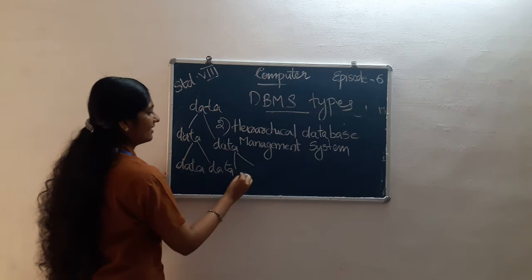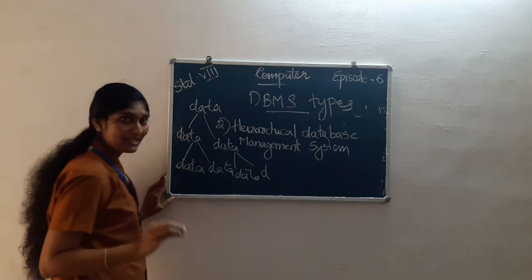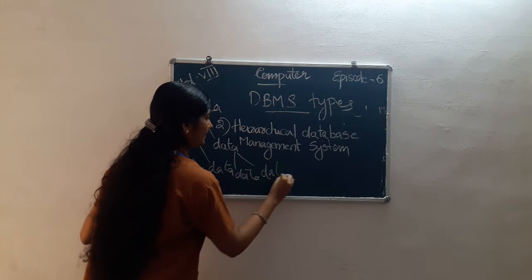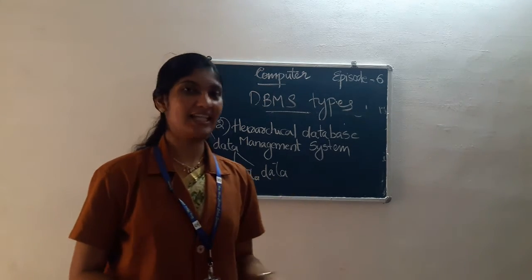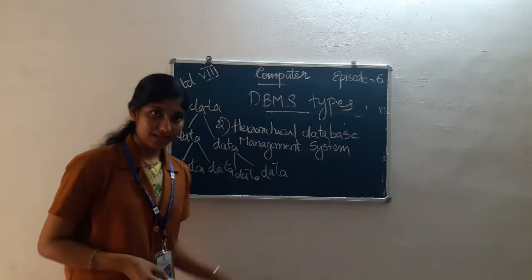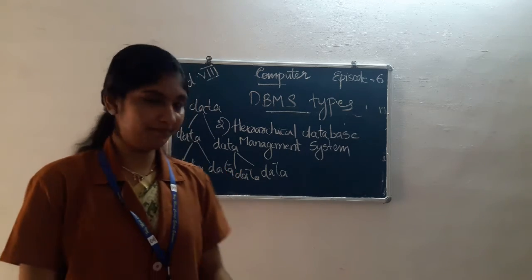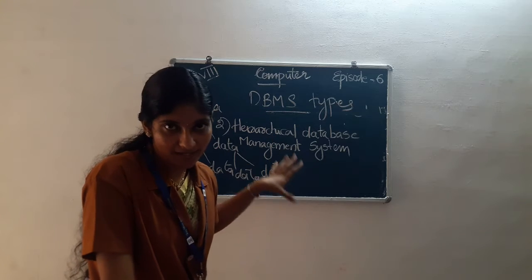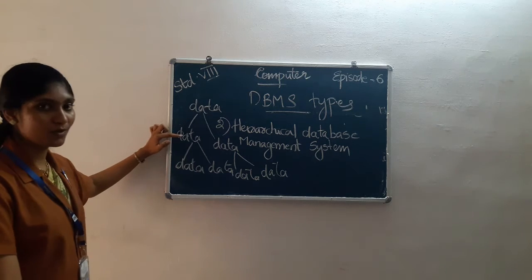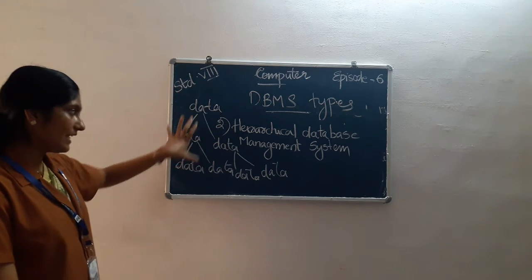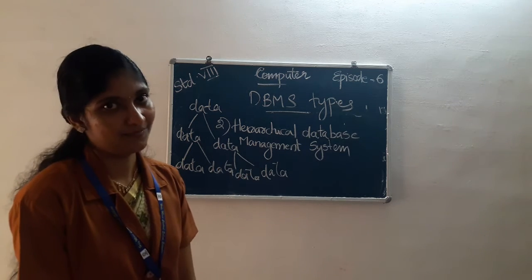That means the data is organized in the shape of a tree structure. That is hierarchical database management system. In relational database management system, the data are arranged in different tables, but in hierarchical, a data belongs to another data, then another data. In this way, the data are arranged in the form of a tree structure.